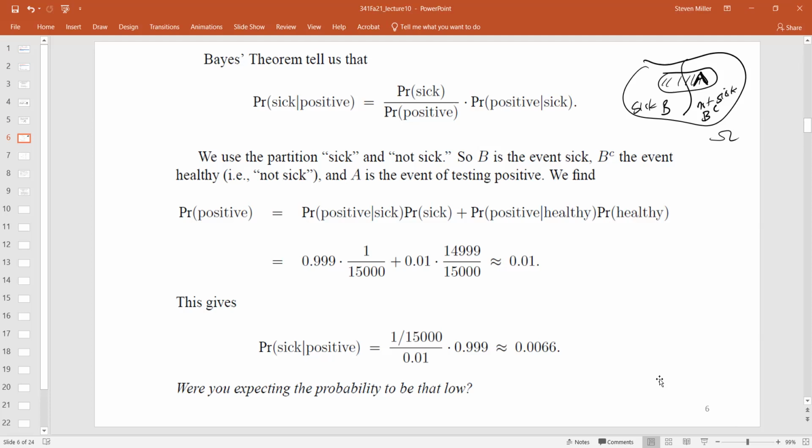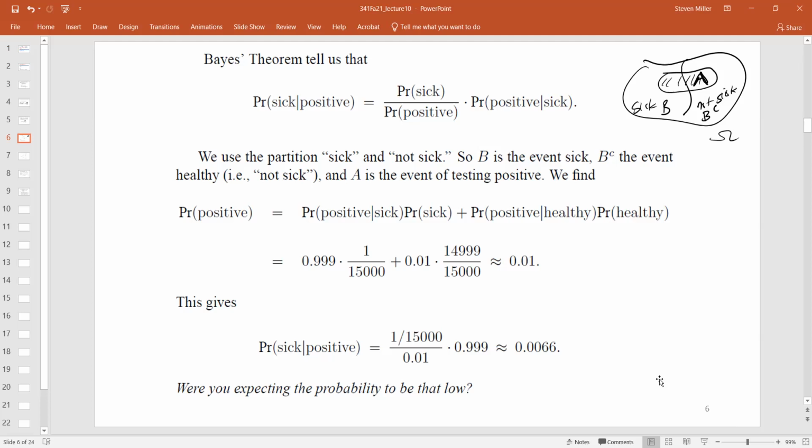And I have the probability that I am healthy, which is 14,999 over 15,000. So what you see is this fraction is so close to 1, and this fraction over here, 1 over 15,000, is so close to 0, that even though 0.01 is much smaller than 0.99, the resulting expression is approximately 0.01.